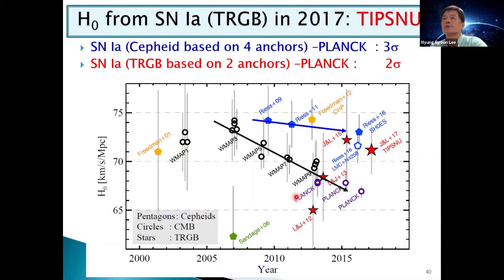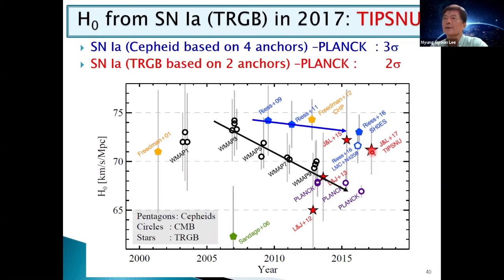In 2012, we presented a value of 65 here with one supernova. Then we increased the number of supernova galaxies using TRGB. So 2013, 2015, and the final sample based on 6 supernova host galaxies is here. This value is located between Cepheid and Planck.